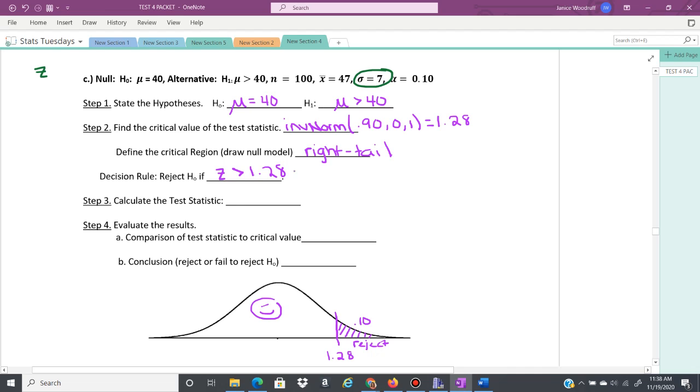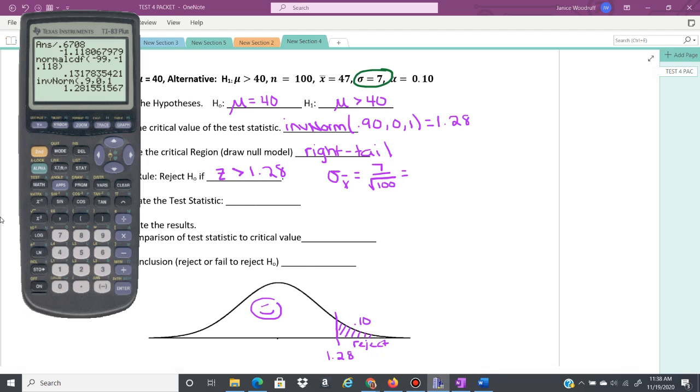So let's go ahead and find our test statistic. We'll start with the standard deviation of x bar, which will be given by the standard deviation of the population, 7, divided by the square root of our sample size, 100. So 7 divided by the square root of 100, 7 divided by 10, is 0.7.